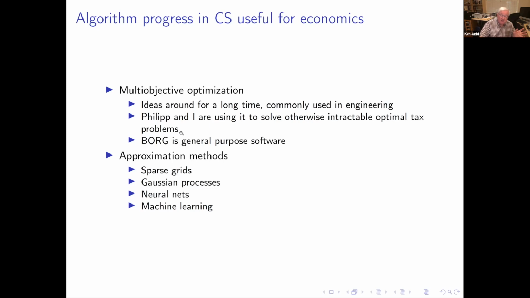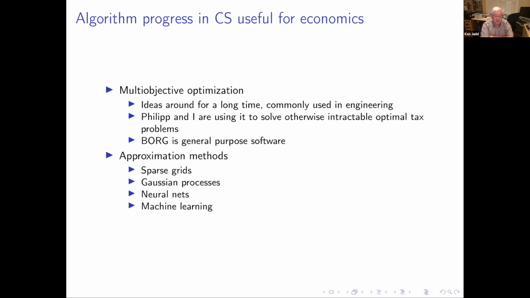Now, in engineering, a lot of times the problems are partially integer, maybe with discontinuous objectives. And so Pat Reed, who is now at Cornell, has written a very general purpose multi-objective optimization software called Borg. This, of course, is an obvious reference to the Star Trek TV series and movies.